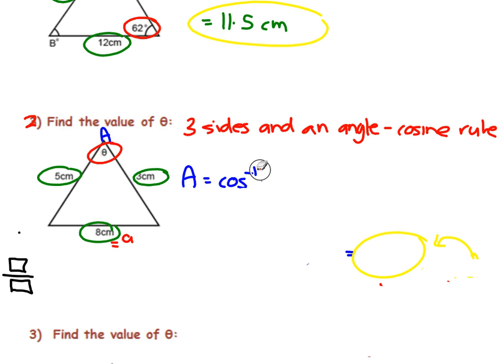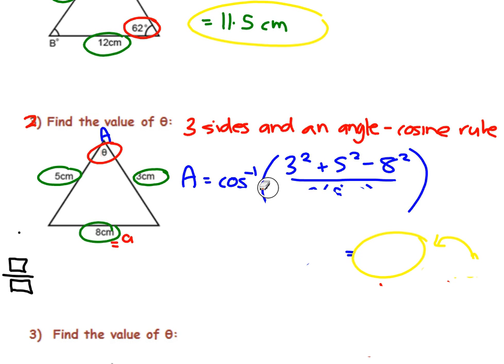In the brackets, you'll have on the numerator b squared plus c squared. And remember, you minus the a squared. A has to be the side opposite the angle. So minus a squared. And just remembering that on the denominator, you've got 2bc on the bottom. And that goes straight into the calculator.